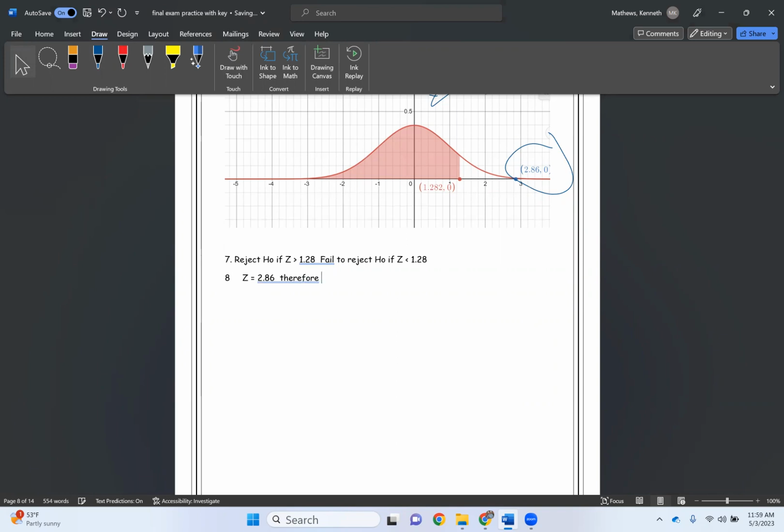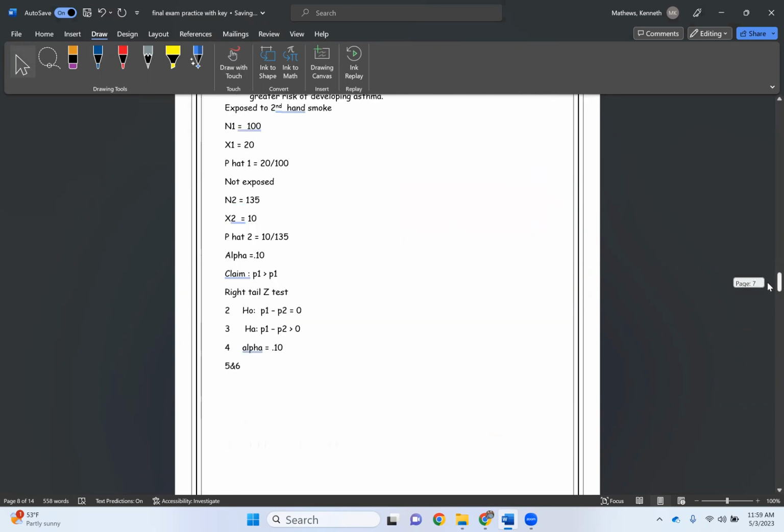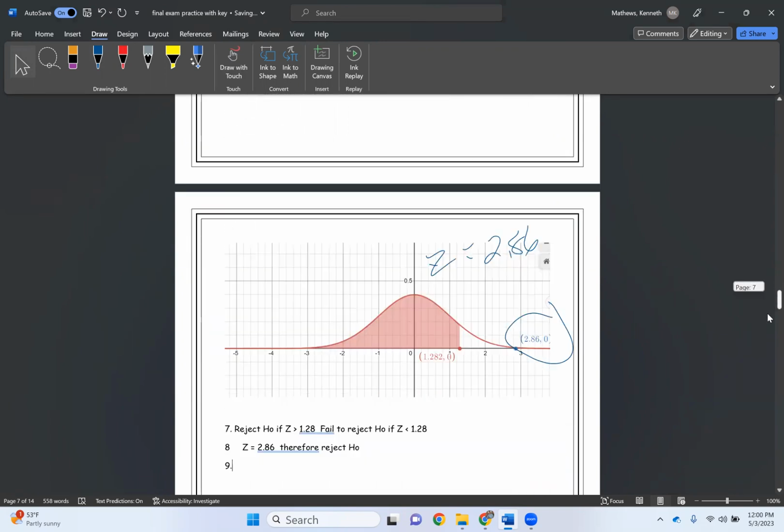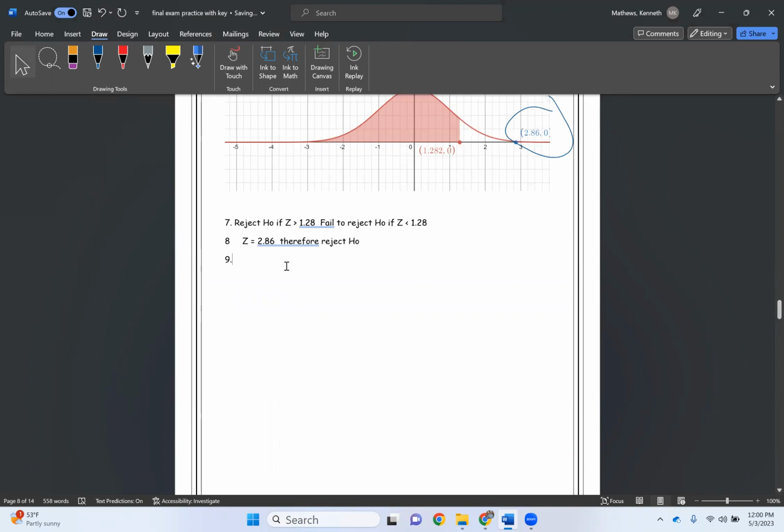Therefore, we reject that null hypothesis. So what's our claim? Let's go back to the alternative, that P1 minus P2 is greater than 0. That means P1 is bigger than P2. So the proportion of children who develop asthma, if they're exposed to secondhand smoke, is greater than those who are not.